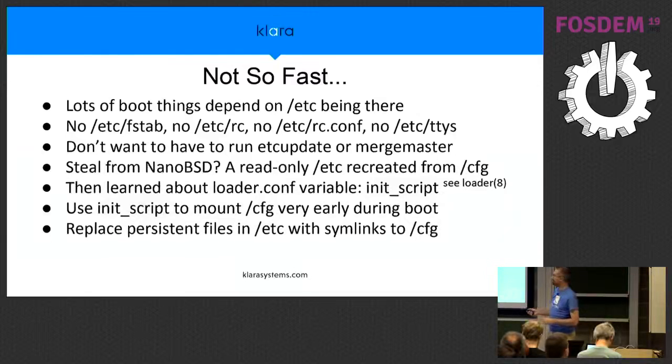But I didn't really want a memory file system. So while digging into it, I accidentally came across this variable init_script in the FreeBSD loader. It was originally designed for a system where you could actually boot the system in a chroot. So in the loader.conf, you would set the init_chroot to a directory.